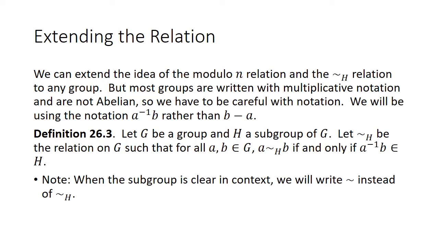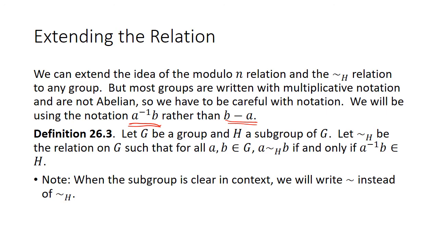Okay, so let's extend this idea to more groups and more operations. We can extend the idea of the modulo n relation and the tilde H relation to any group. But most groups are written with multiplicative notation, and most of them are not abelian, so we do have to be a little bit careful with the notation. So we're going to be using this notation of A inverse B rather than B minus A, like we did on the last activity.